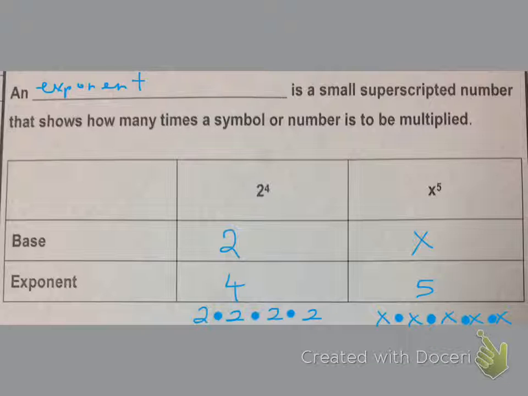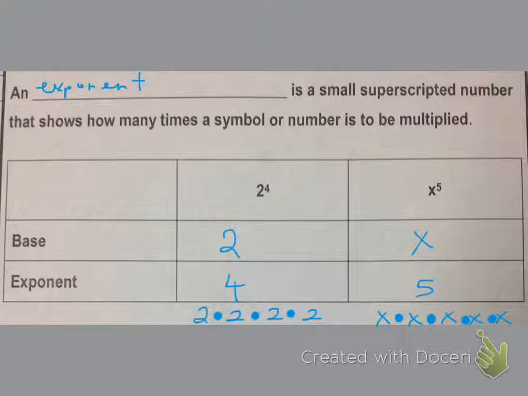The thing students make mistakes on on a regular basis is that they'll take x times x times x times x times x, instead of making it x to the 5th power like it is, they'll make it 5x. What is 5x? 5 times a number.